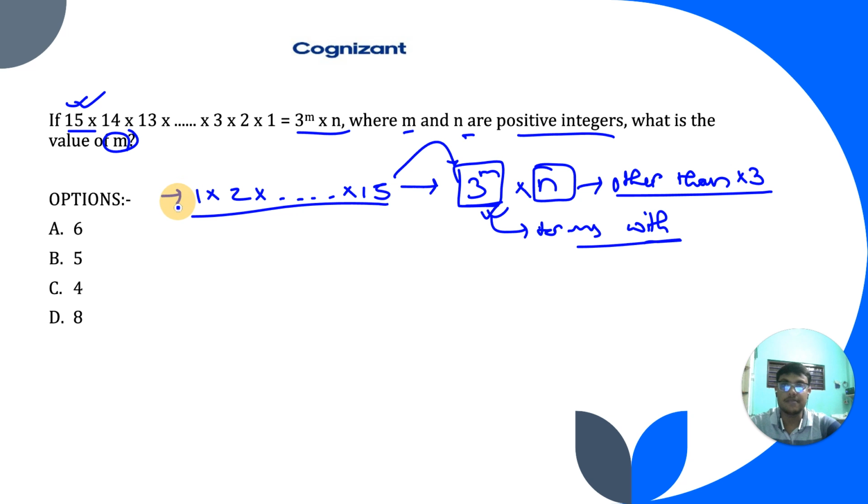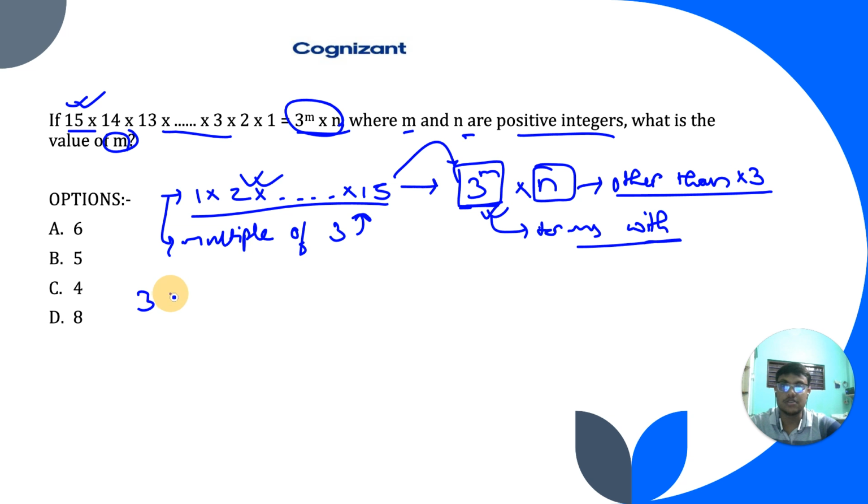Hence, if we can find the multiples of 3 in this particular portion, then we can easily find the power of 3 required for representing this particular thing in this form, right?